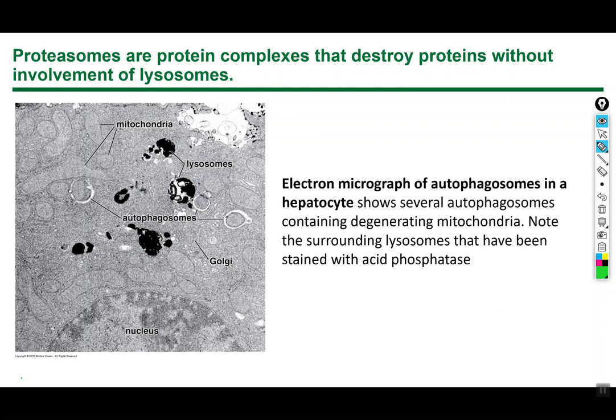So here we have lysosomes, and in this picture, we stain them with acid phosphatase, not because we're looking at lysosomes specifically, but because we want to be able to see the difference between autophagy that is proteasome mediated, which is occurring here, and autophagy that is lysosome mediated, which is occurring in the sort of black circles. So that's the reason for that differential staining there.